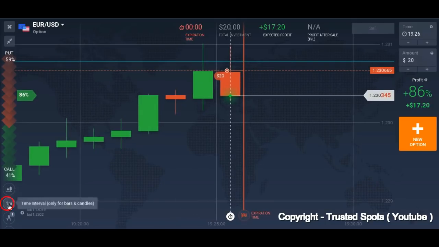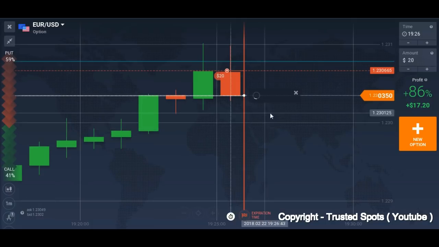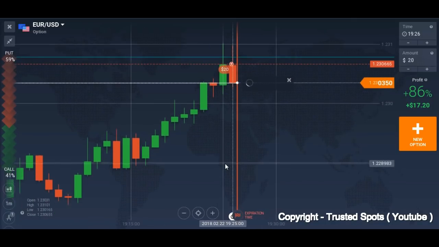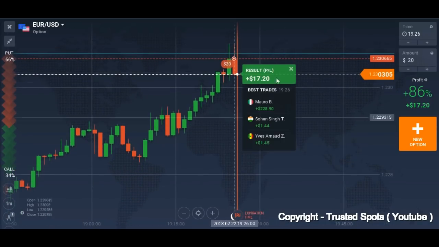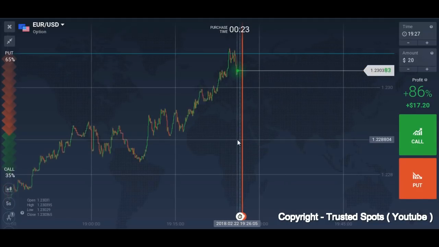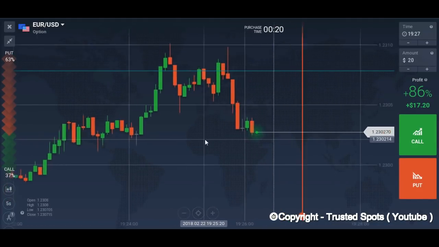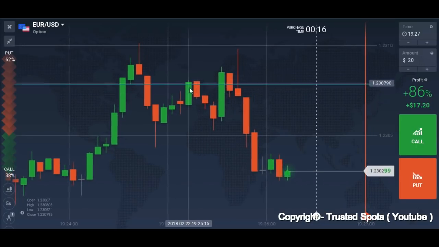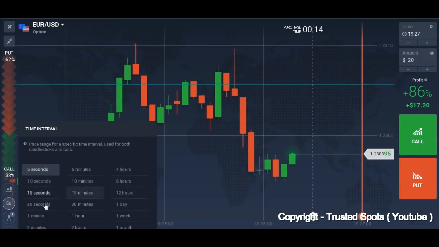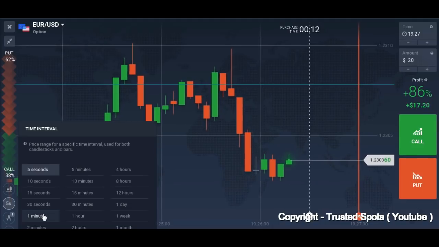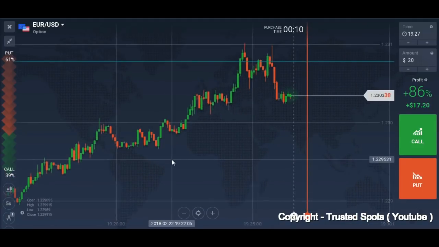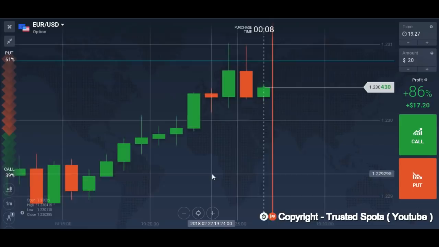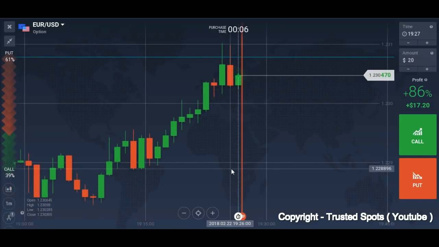Let me show you the confirmation first, and then we will remove it. You can see this was the confirmation we got from the market, so I placed the trade and we won it, because we are using the extreme level and everything was correct in our trade.